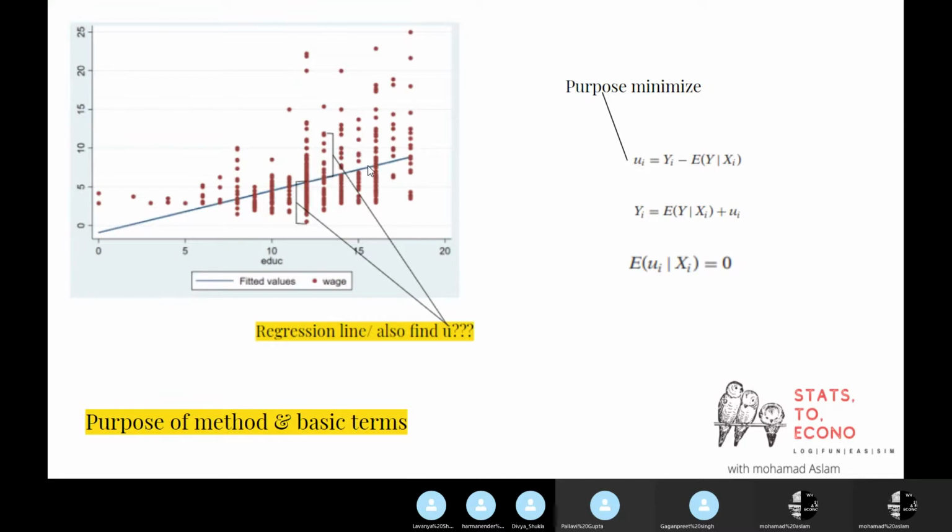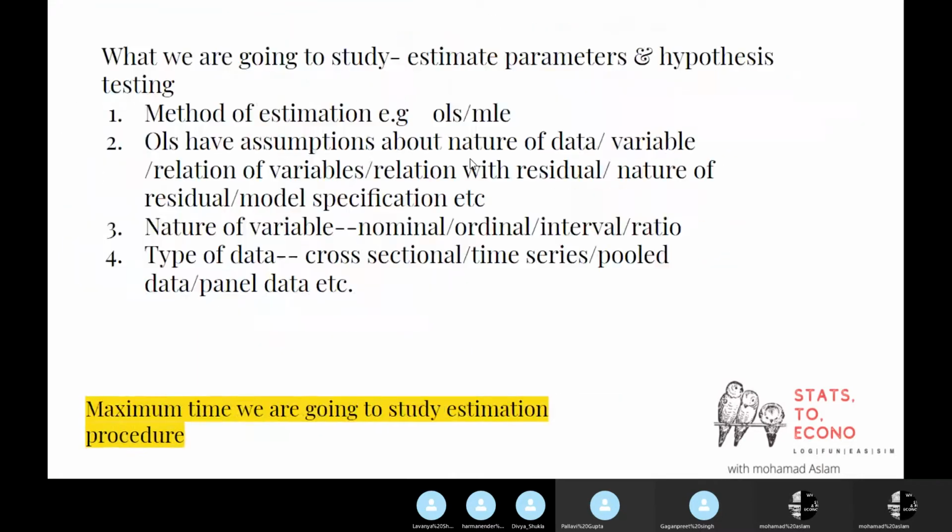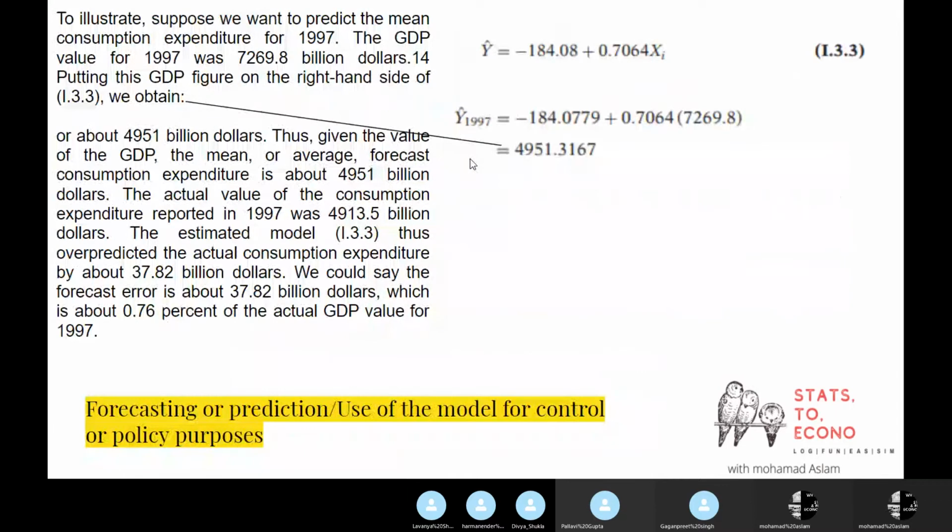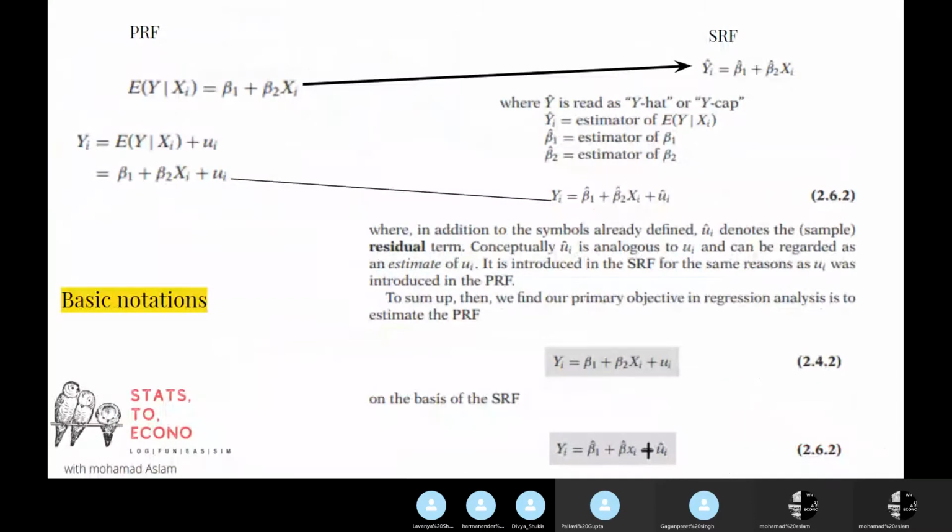So this regression line is made of only these two parameters, beta 1 hat plus beta 2 hat xi. So this one is the SRF, the sample regression function, and this is the population regression function.